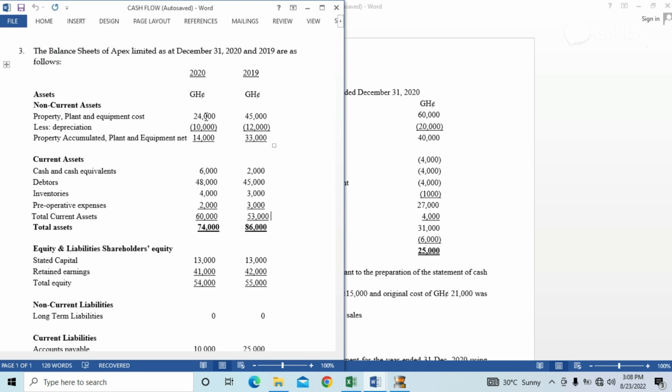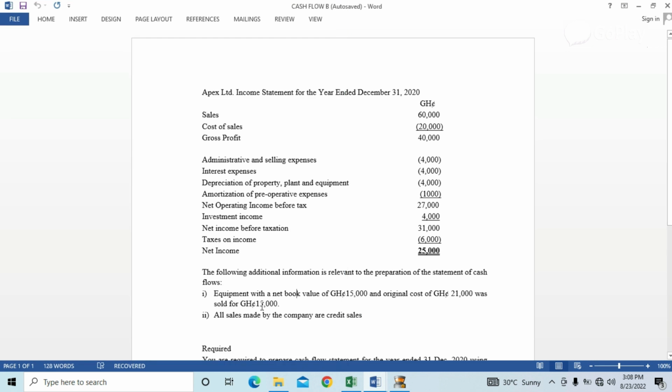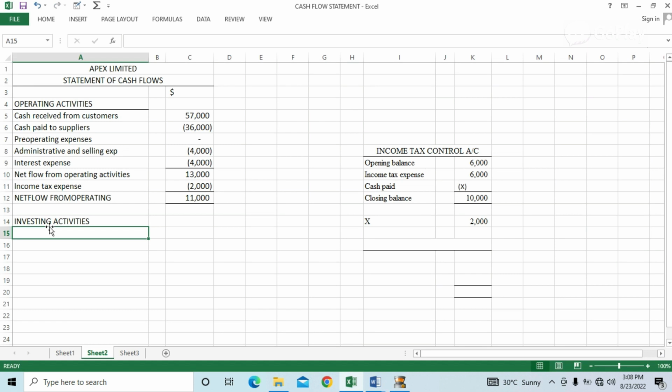So all that you are interested in is how much the asset was sold for. The additional information has provided you with that information. The asset was sold for 15,000. So the 15,000 is your concern. So you move to your investing activities, then you write disposal of equipment, or fixed asset.